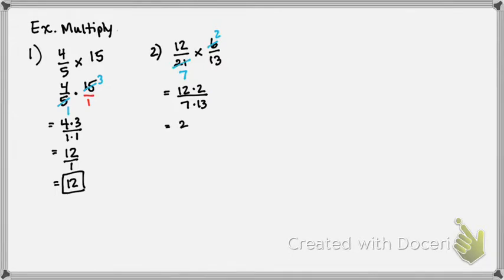So let's see, 12 times 2 is 24. Now I don't know 7 times 13, so I'm just going to do it off to the side. So that's a 21, and 7 and 2 is 9. So I get 24 over 91. Yeah, pretty sure I can't do anything with that. Okay. All right, let's try.